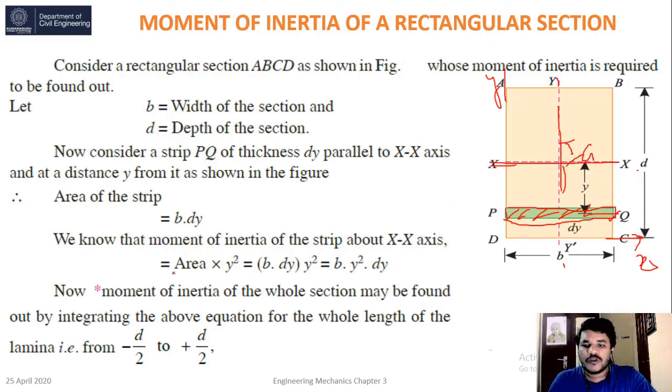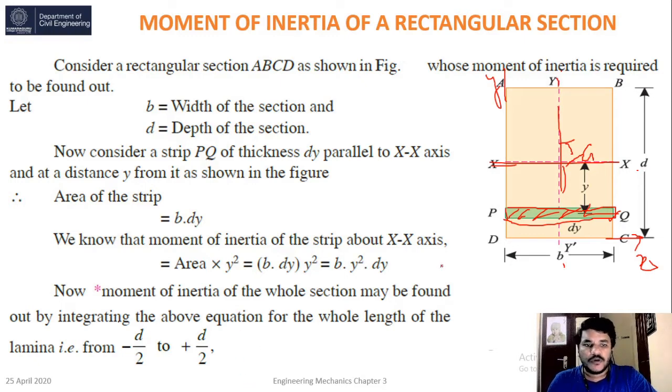You know the general formula: area into distance square. So the area b into dy into distance y square, which is equal to b into y square into dy. Now the moment of inertia of the whole section may be found using the integration procedure.